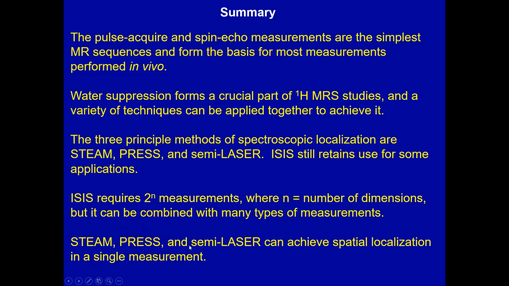And semi-LASER gives you good volume localization, but it requires more power deposition. So you have to think about how quickly you need to acquire, what metabolites you want to see. Everything depends on the context of what your measurement is. That concludes today's lecture on basic NMR spectroscopic sequences.